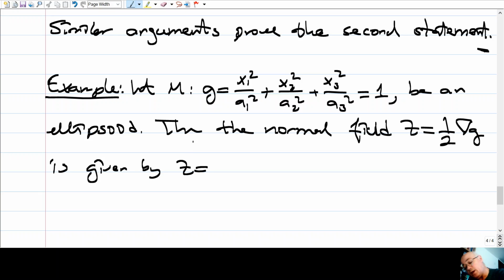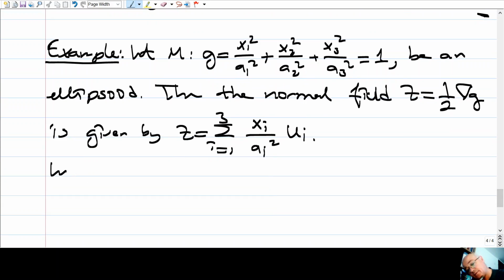So I will take the gradient of this and divide by 2. When you take the derivative, you will get 2xi's and so on. So I divide by 2, therefore I get rid of that 2 factor. So we get this, the sum for i from 1 to 3 of xi divided by ai squared, and then ui. Okay, so this is a normal field.